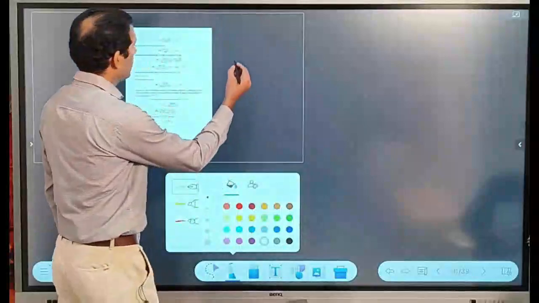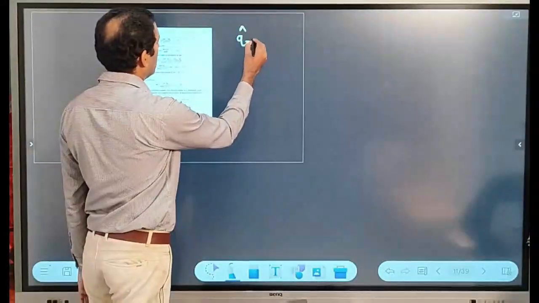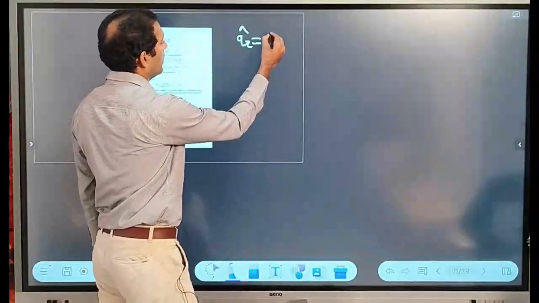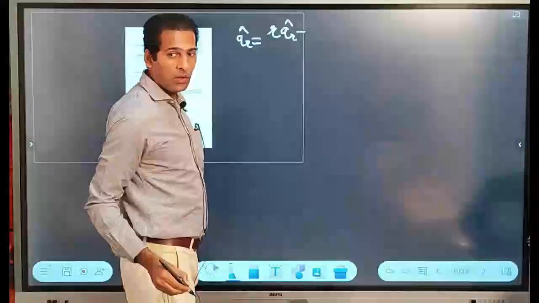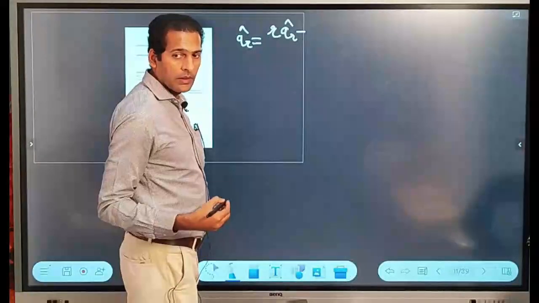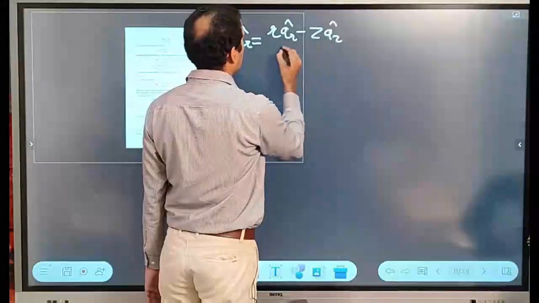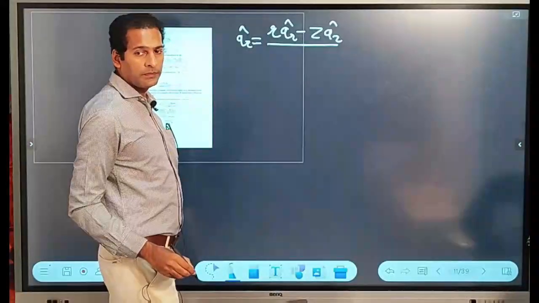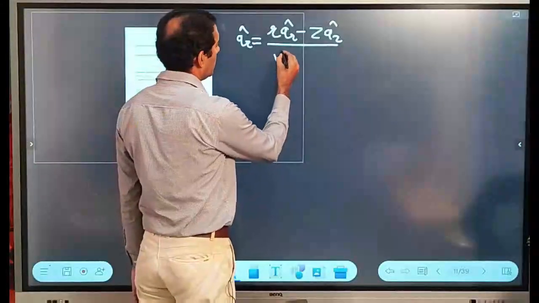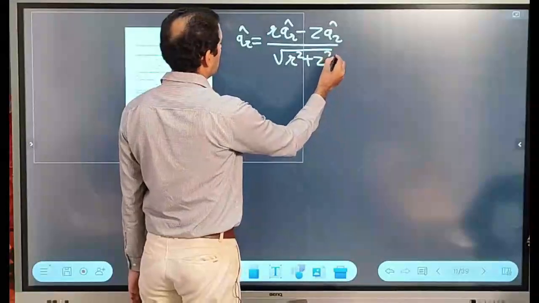Okay, so we reached ar cap. Ar cap is equal to r ar cap minus z az cap, divided by the magnitude, which is the square root of r square plus z square.